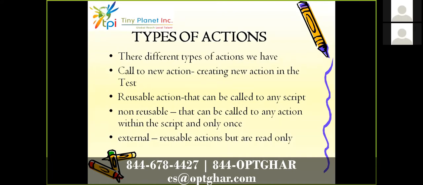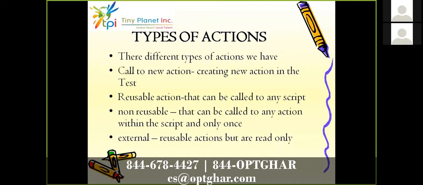So we have different types of actions. We can create a new action in a test, we can call a reusable action from other tests, and we can call an external action from other tests. And we have one more action called copy action. Suppose we have an action in some other test and you call it.